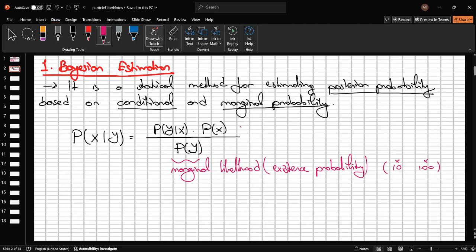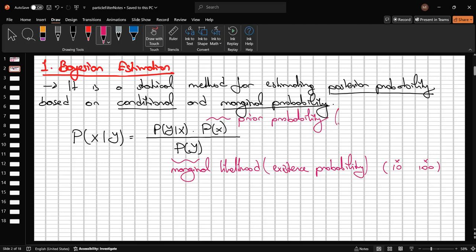Okay, and so the other important probability is the prior probability, because we want to know the probability of x for a given y, and so this is also called the marginal likelihood, but we call it a prior probability.